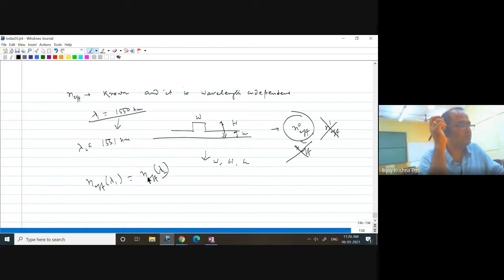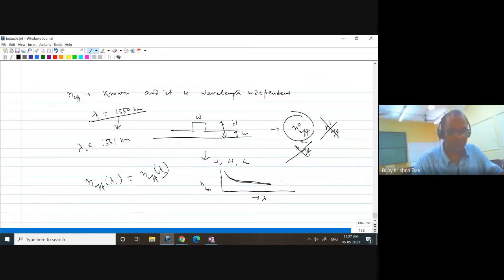Vacuum always is possible, but for a material medium we know it is wavelength dependent. But normally, if I just see the refractive index of silicon versus lambda, in normal dispersion it looks like this.